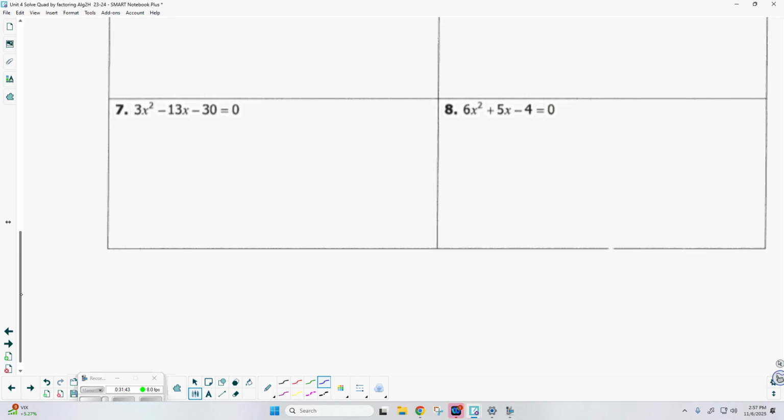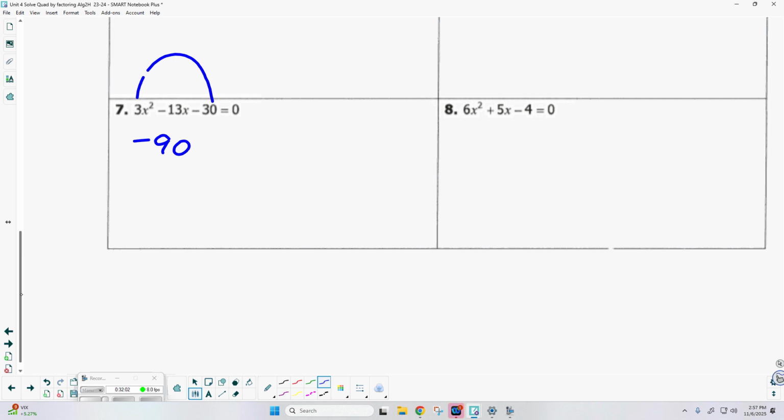Multiply. So what am I going to multiply? So the leading coefficient and your constant. So 3 times -30, that's a -90. Father, what does that F stand for? Factor.